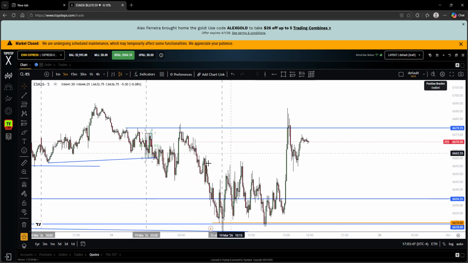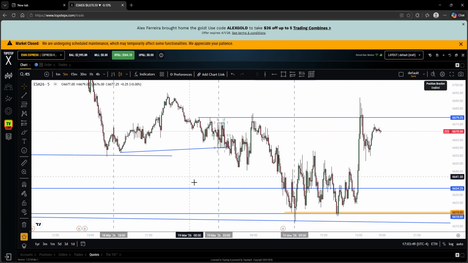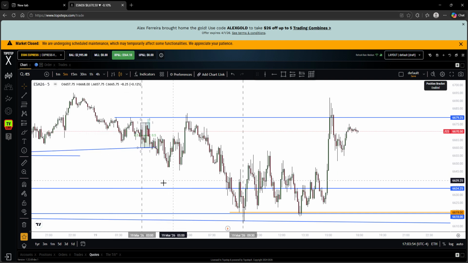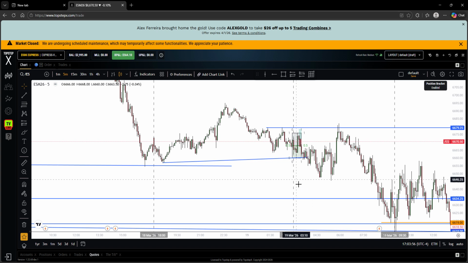I was pretty confident. It was another SMT, so we had a high time frame SMT plus a lower time frame SMT, and then we had a 5-minute breaker structure right here.